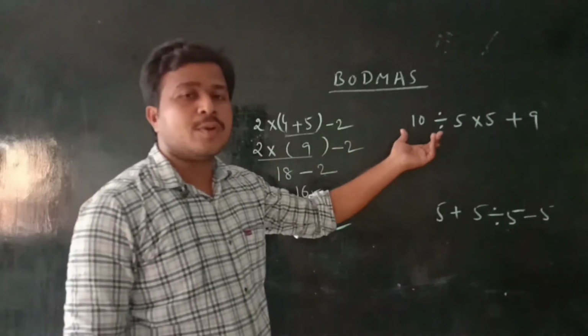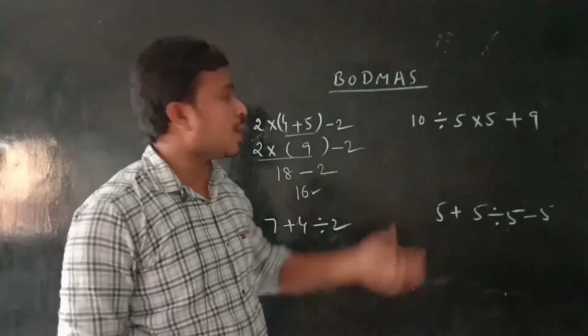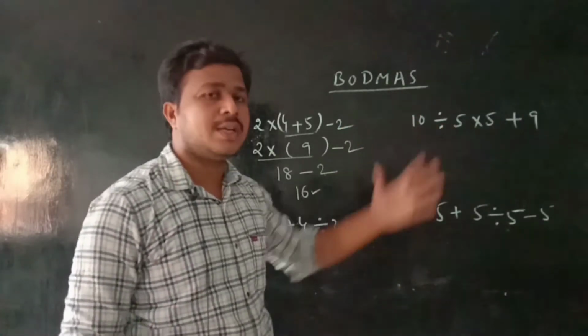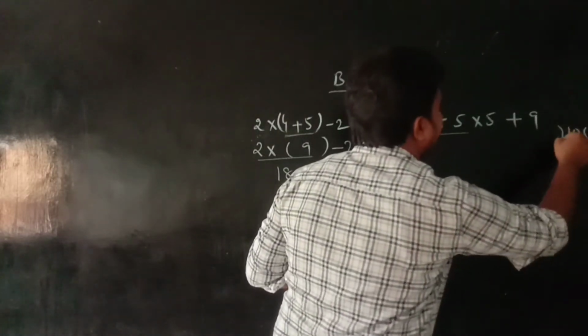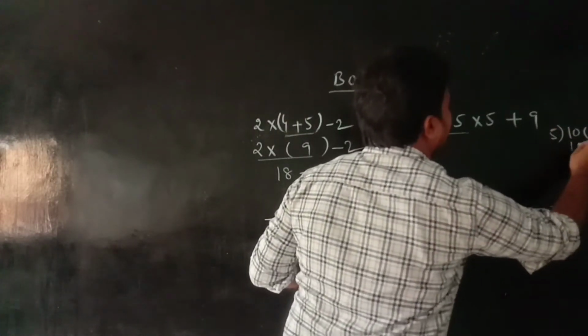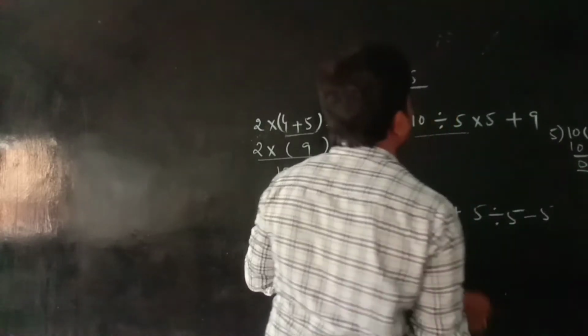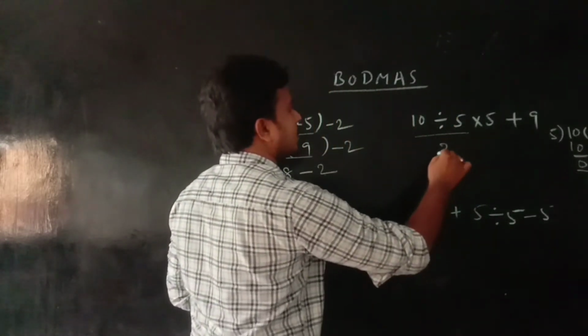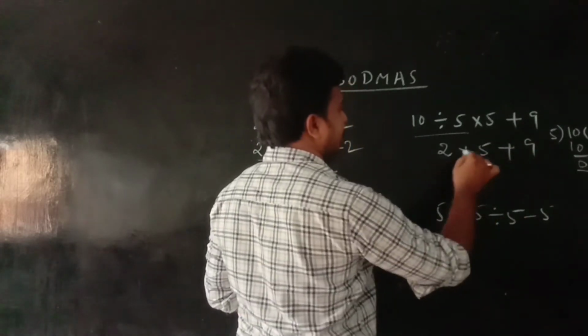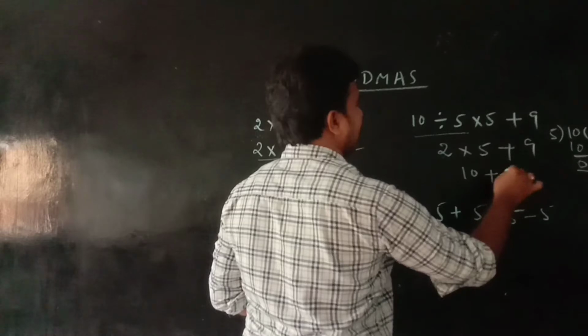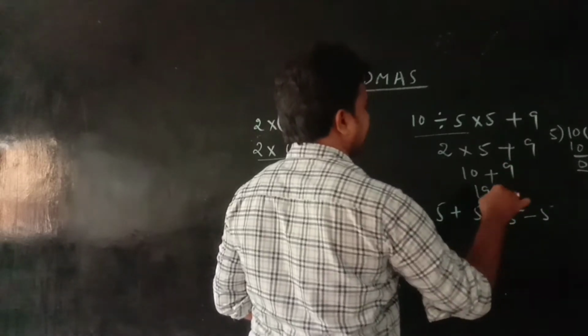In the next example, according to the BODMAS rule, first of all we do division. 10 divided by 5, 5 2s are 10. Quotient is 2. So 10 divided by 5 is equal to 2, into 5 plus 9. 2 5s are 10 plus 9, 19.